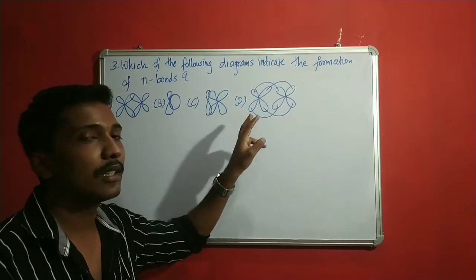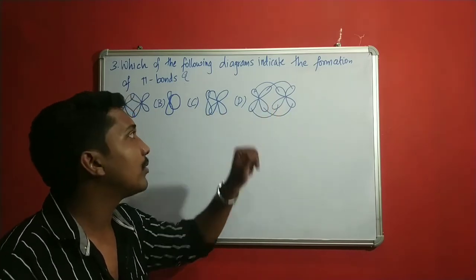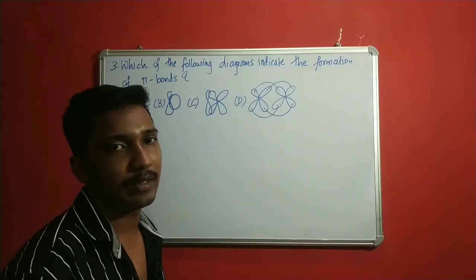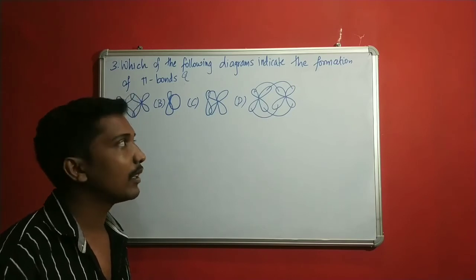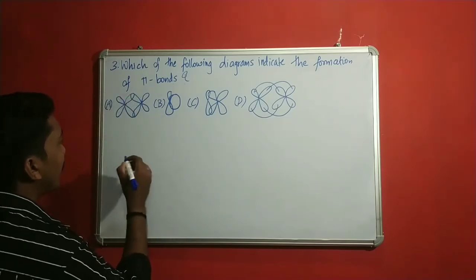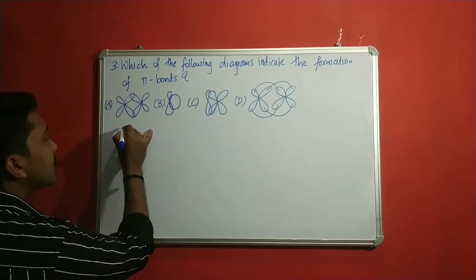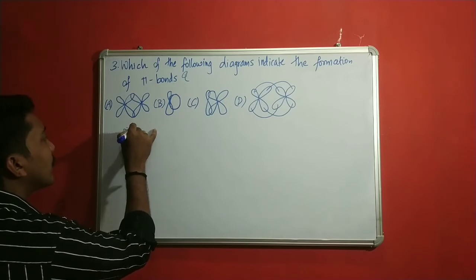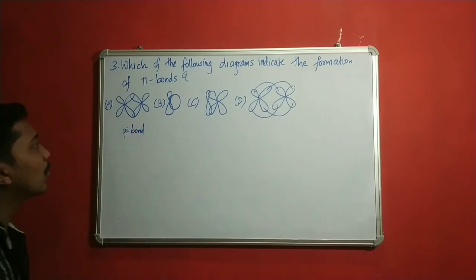And option D, overlapping of two d orbitals in a special way. Let us examine each option. So option A is clearly showing a pi bond. So option A is correct.